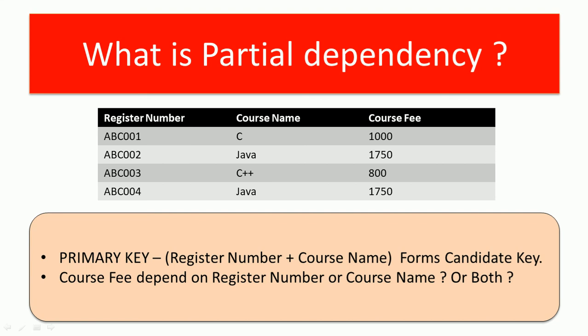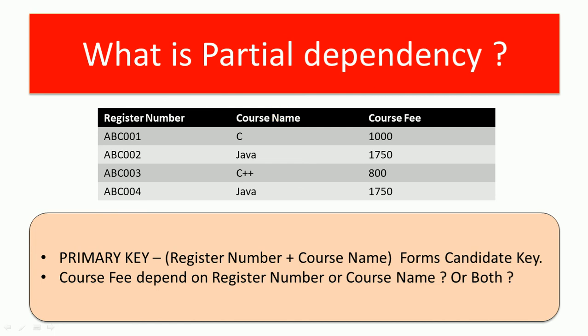And coming to non-prime attributes, there is a non-primary key column, course fee. Let us check whether course fee is fully dependent on the primary key, which is the combination of register number and course name. Is course fee dependent on register number, and is course fee dependent on course name?